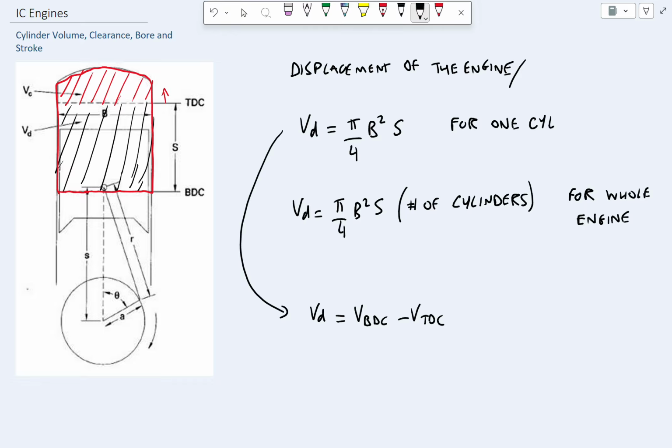Another thing that's going to be useful in terms of understanding what's happening is making sure we have a good sense of what units are and how we can convert units.